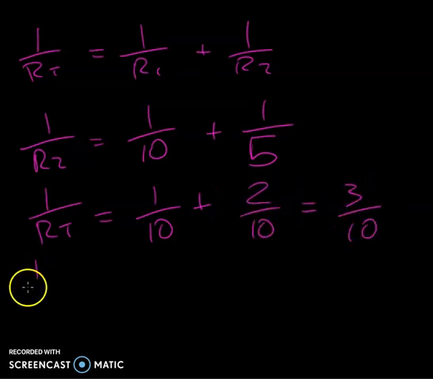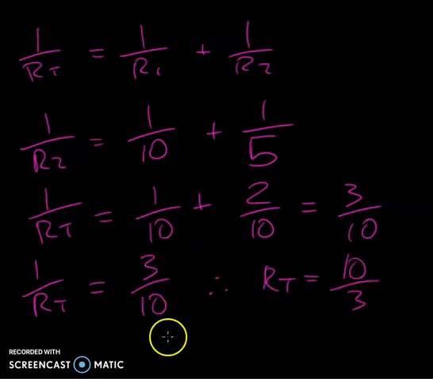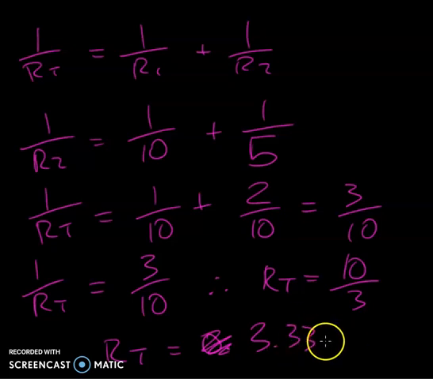So 1 over RT equals 3 tenths, which means that RT, flip the fraction, is equal to 10 over 3. RT equals 3.33 ohms. There you have it.